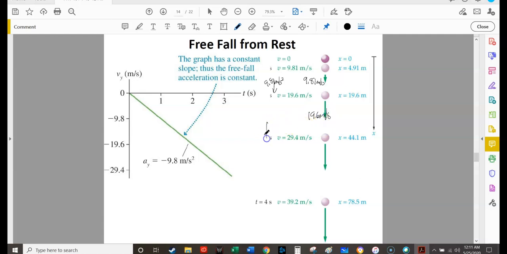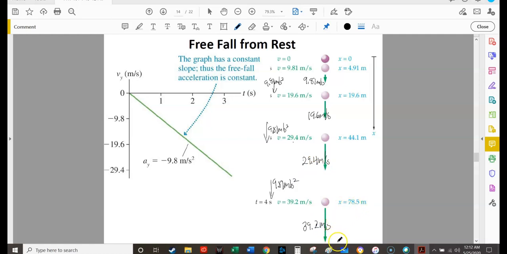And then you're going to add another 9.8 meters per second for the next second. And now it's going to be falling at 29.4 meters per second, or 9.8 plus 9.8 plus 9.8. And now finally, after the fourth second, you're going to be adding that same acceleration vector to 29.4, and you're going to end up with, right before it hits the ground, 39.2 meters per second.